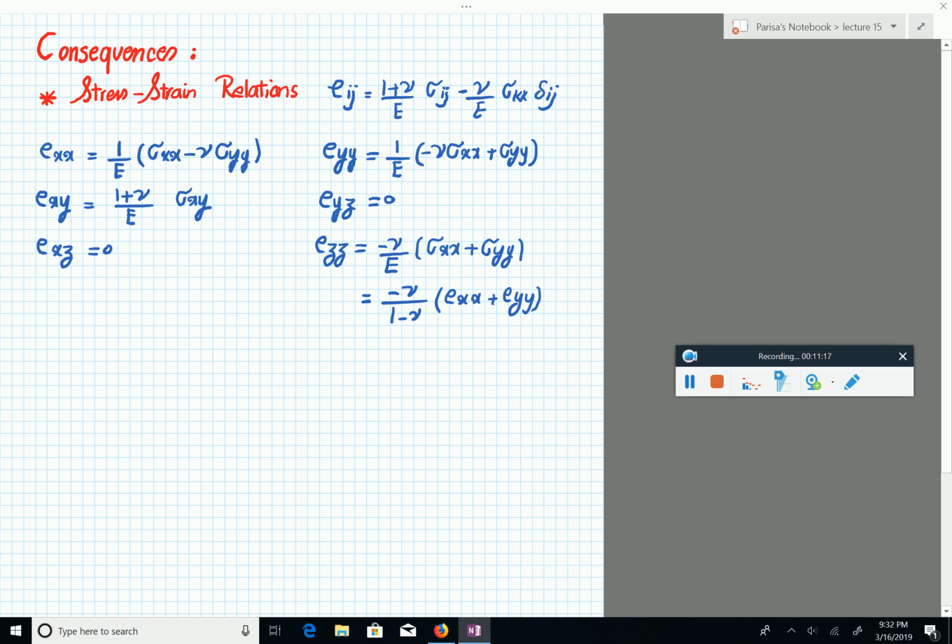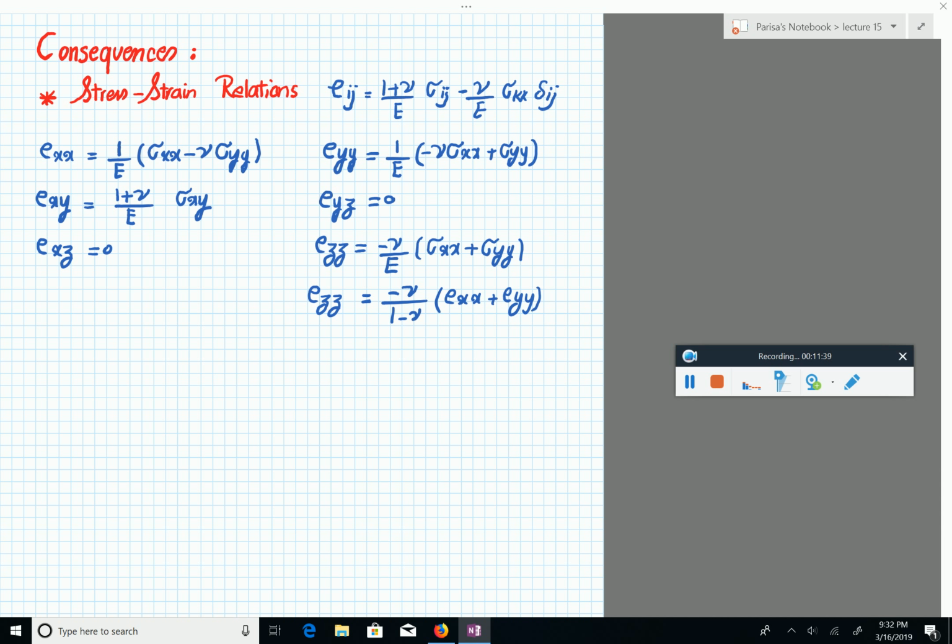So Ezz, first of all, is in general non-zero, and you can write it in planar stress case in terms of Exx and Eyy.